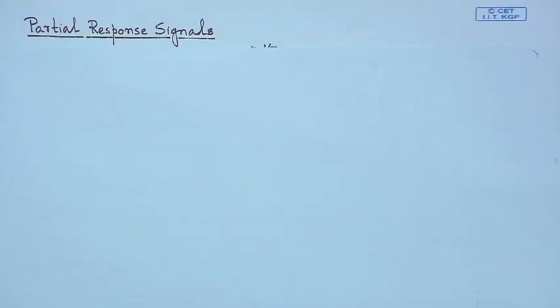So, with this we come to the next important kind of signaling, where we will address some of the issues that we have discussed so far. One of the primary things that we have discussed is that if we are using the maximum signal packing, then we could use Nyquist filters. Nyquist filters are not realizable because the spectrum is rectangular, which is ideal.